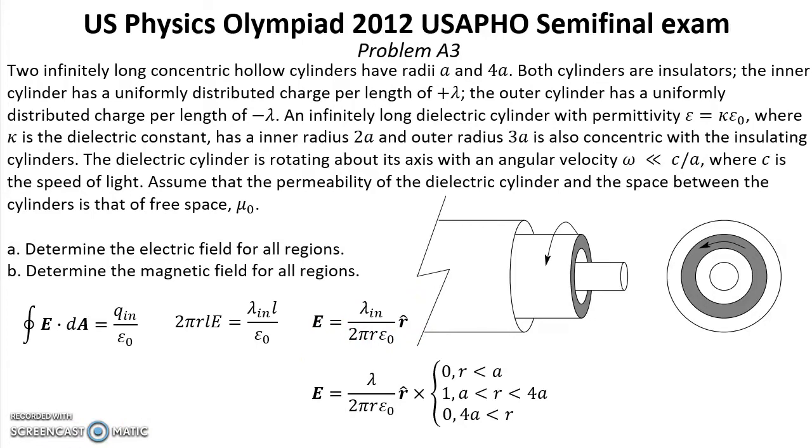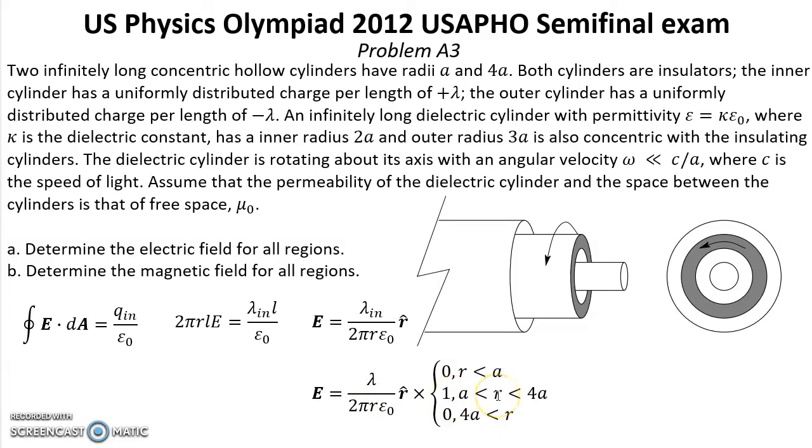And now we can write the solution for the applied electric field in this form, because for radius less than a, the linear charge equals 0. For radius between a and 4a, the linear charge is lambda, and for radius greater than 4a, again the linear charge equals 0.